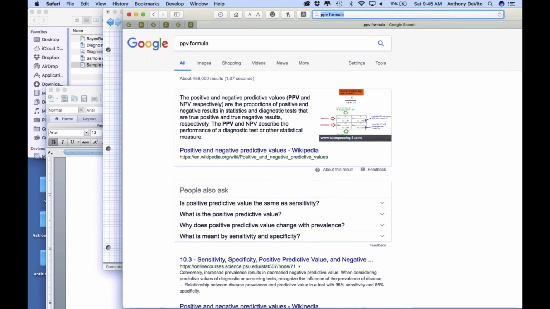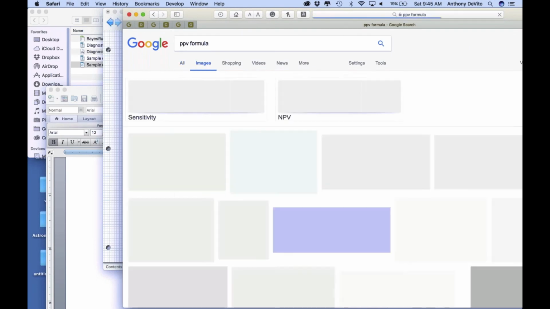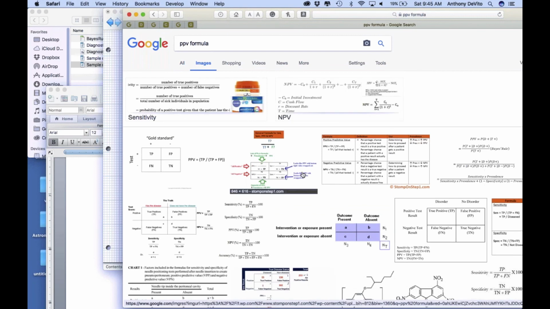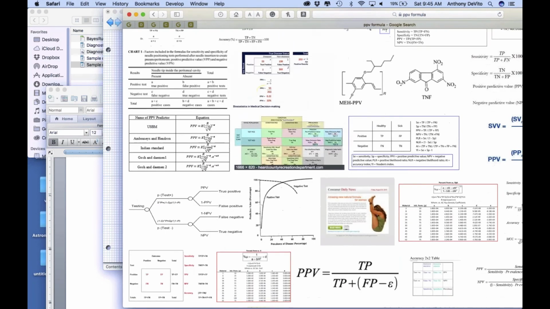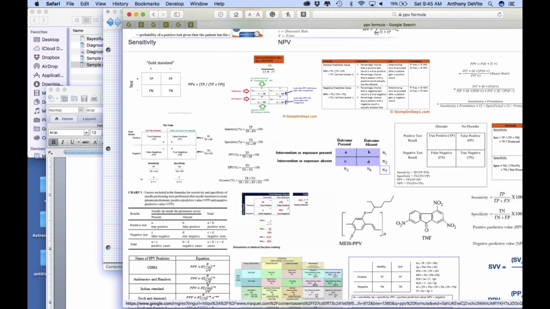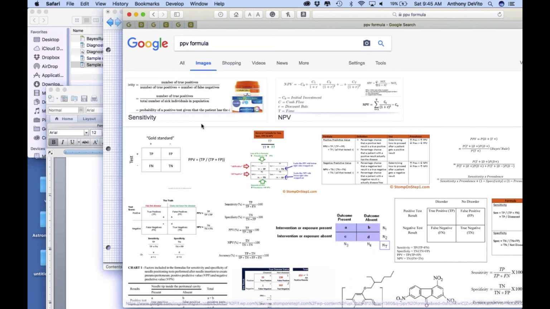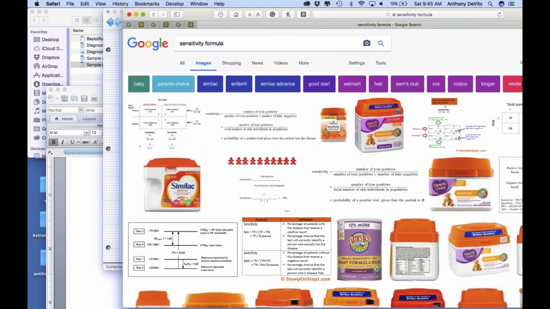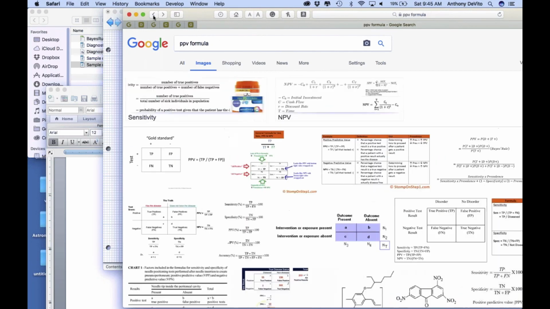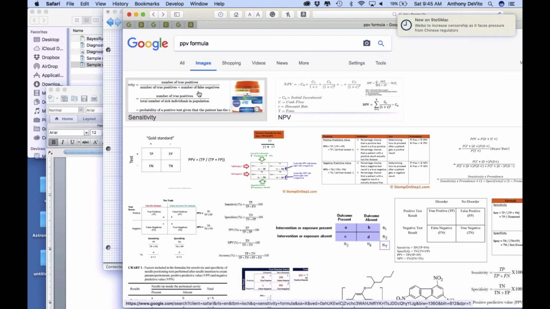Let's go to images. Let's get a good version of it.